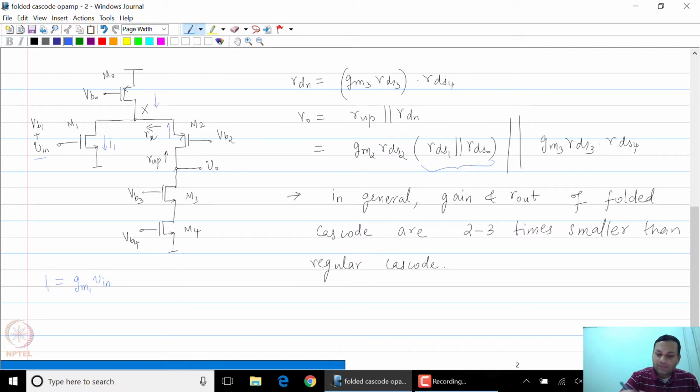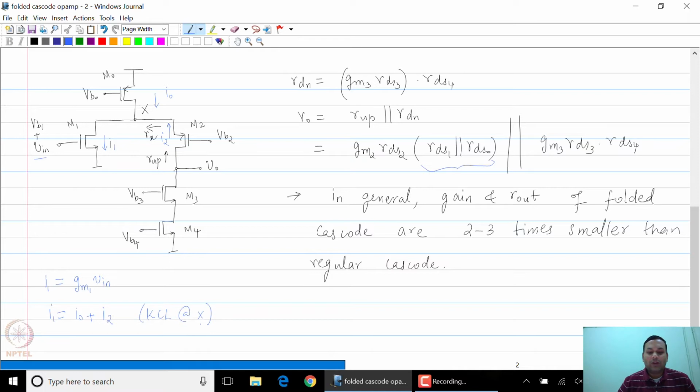So these will be the 2 directions of I1. So I1 should be equal to I0 plus I2, and this is purely from KCL at node X.